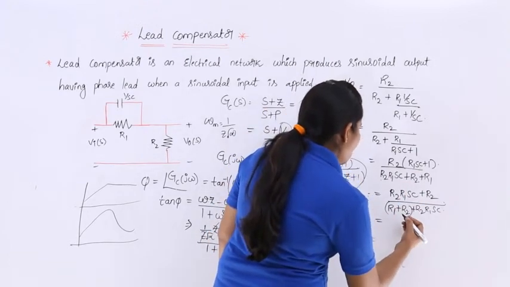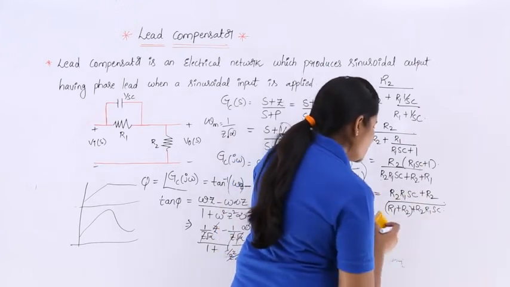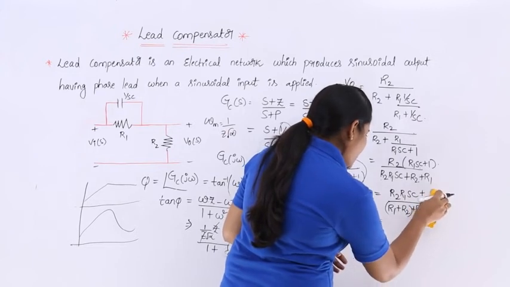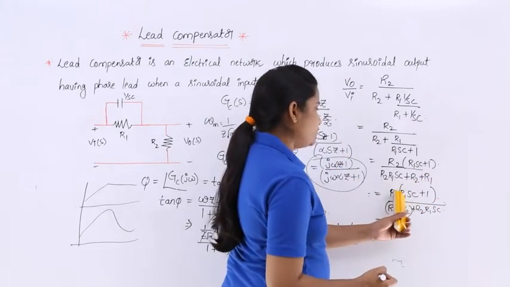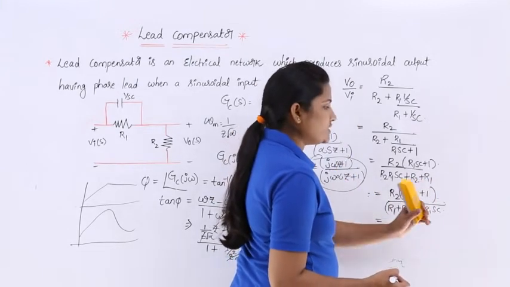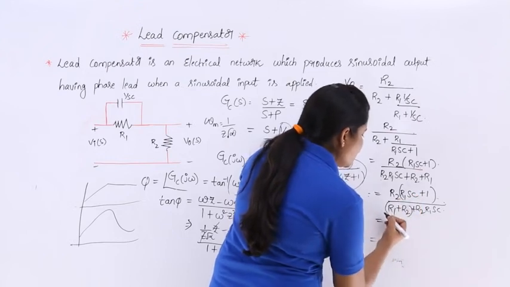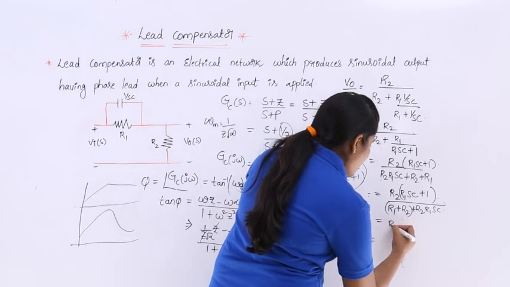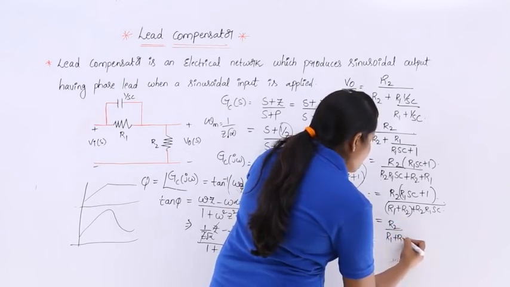If you take R1 plus R2 as common, and in the numerator take R2 as common, you will get R2 into R1 SC plus 1. Similarly, with R1 plus R2 as common, you get R2 by R1 plus R2.